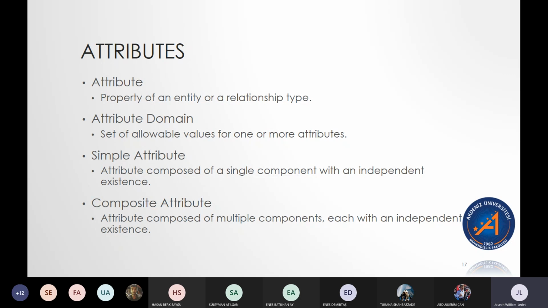Literally, the end of that is a domain, right? But the idea is straightforward here, right? That you have to have a set of allowable values, and anything that does not conform to the set of allowable values will be rejected from the database.